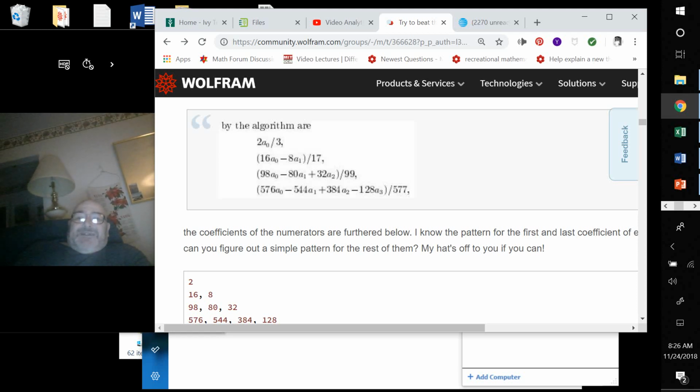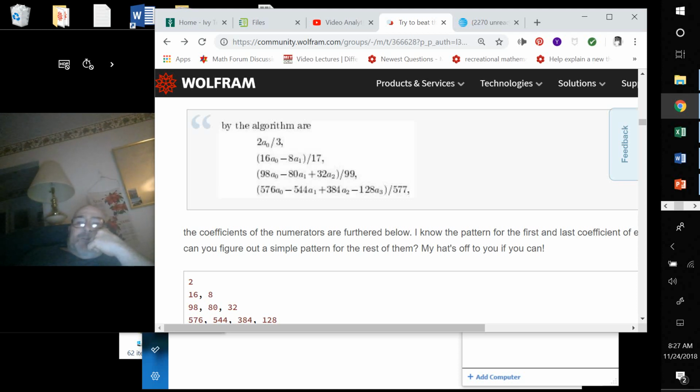Even if I had an instant algorithm to figure out all these coefficients quicker than the way he presented it, I would still have to figure out these a sub 0, a sub 1, a sub 2, a sub 3, which are several of the n to the 1 over n's, like the square root of 2, the cube root of 3, the fourth root of 4, the fifth root of 5. That is the big problem with computing many digits of the MRB constant. You still have to compute several of those.